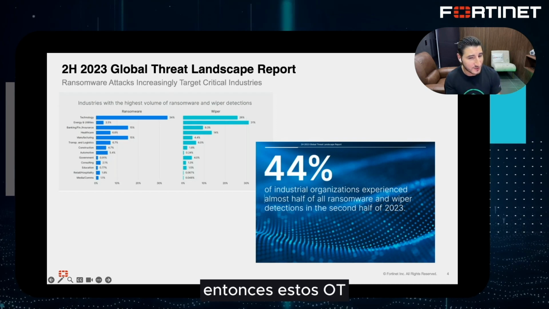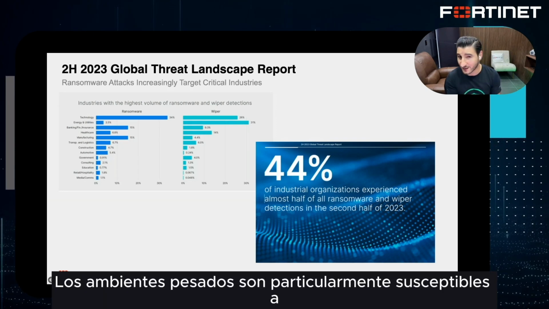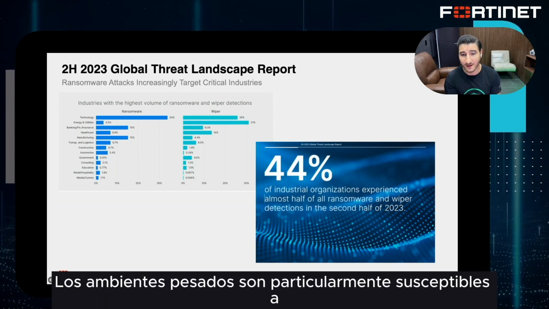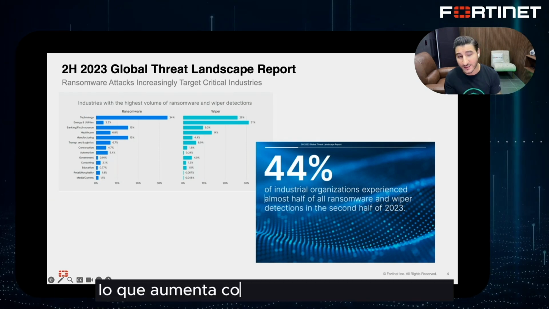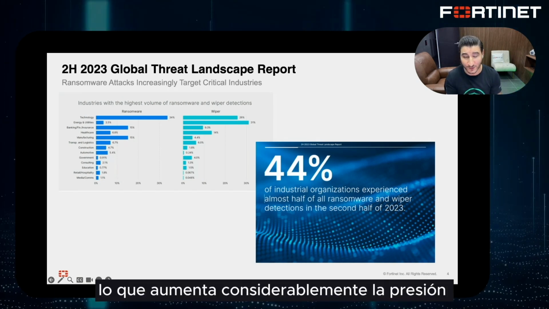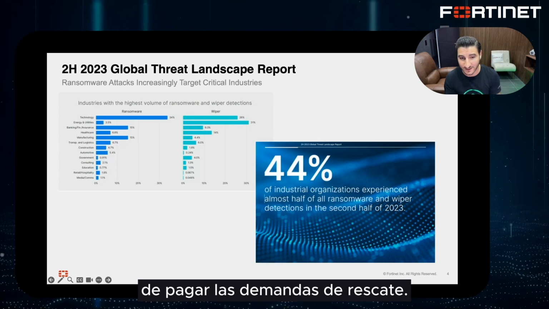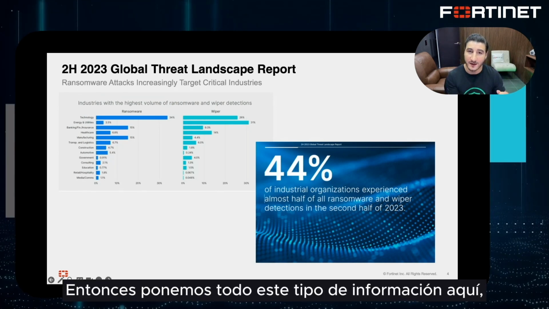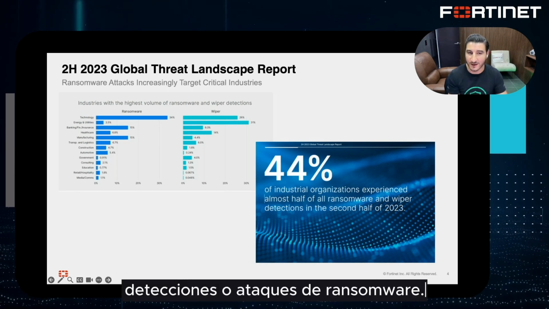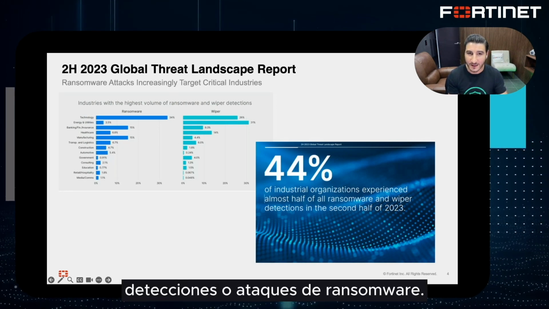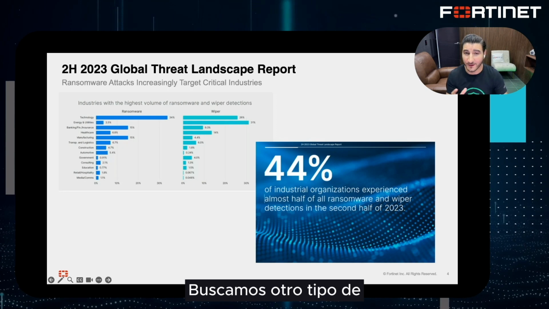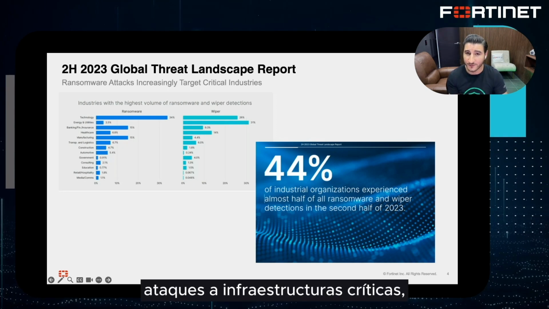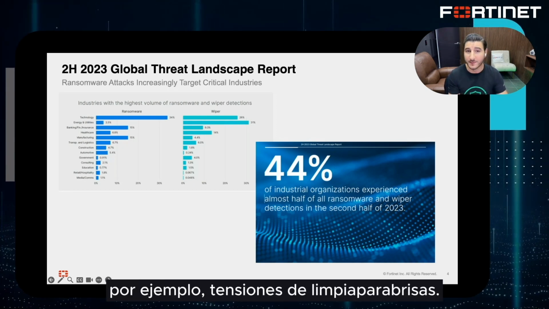Those OT-heavy environments are particularly susceptible to outages, which greatly increases the pressure to pay the ransom demands, right? So we put all this information here, and not only ransomware detections or ransomware attacks. We are looking for other types of attacks on critical infrastructure, for example, wiper strains.